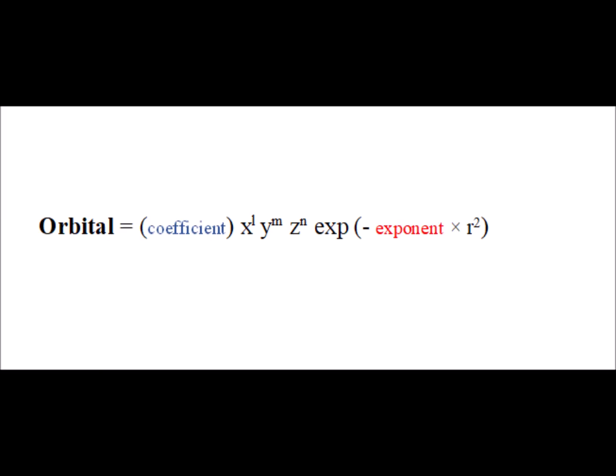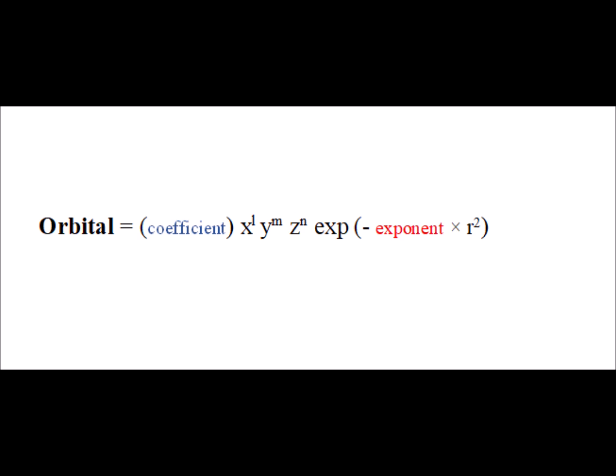Hello. In this video, we are going to look at Pople-style basis sets in more detail. In these sets, an orbital has the following form: a coefficient times a power of x times a power of y times a power of z times an exponential function, which is a negative exponent times r squared.